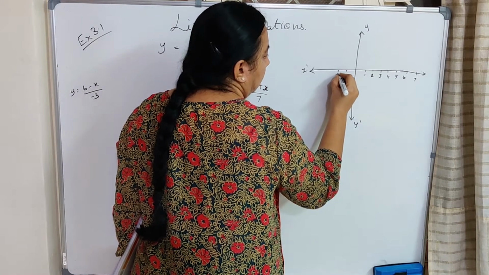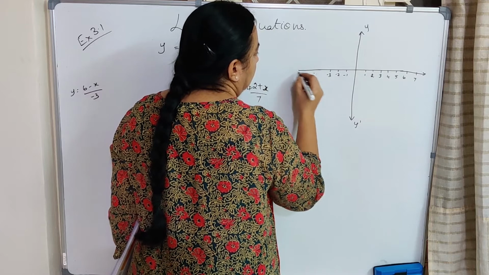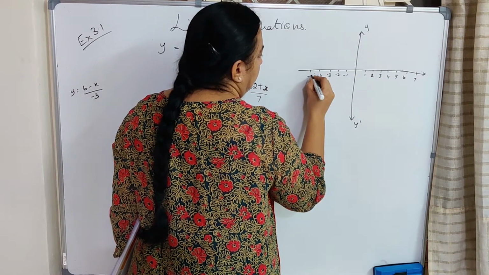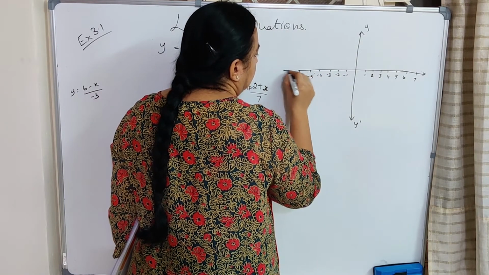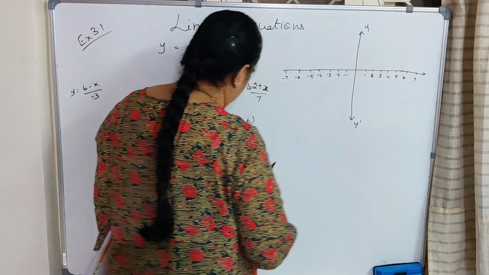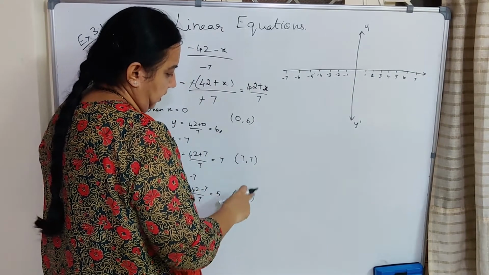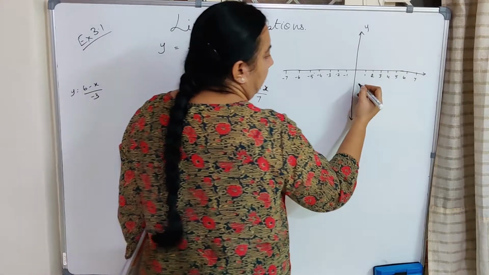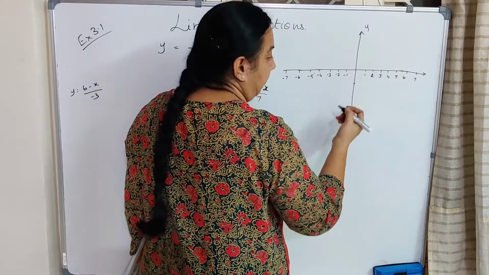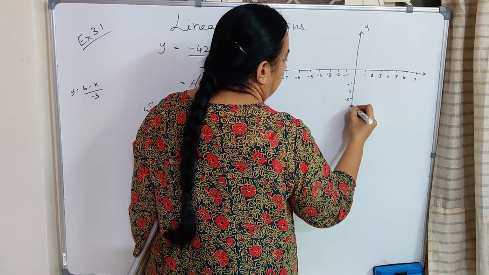Here also minus 1, minus 2, minus 3, minus 4, minus 5, minus 6, minus 7. On the negative side, I don't have any negative numbers for this line. If you want, we can mark them, but we might get some for the other line. So I am marking a few points, 3 and minus 4.